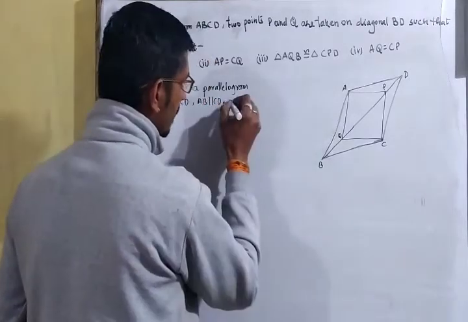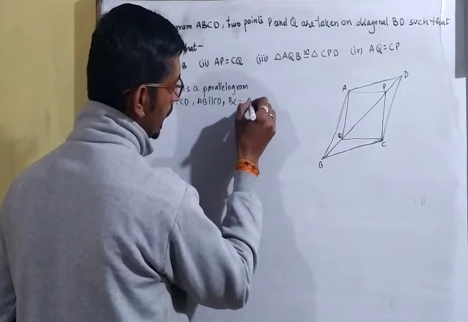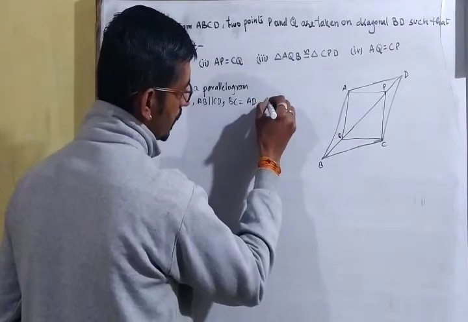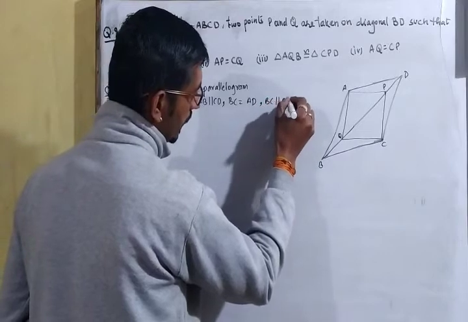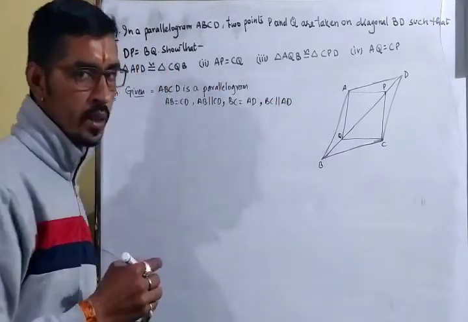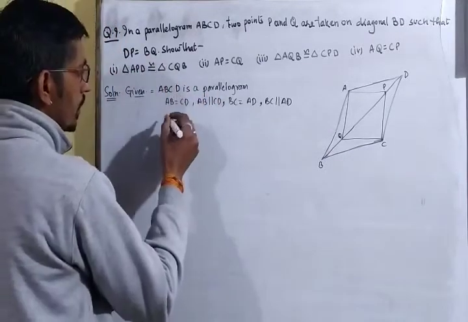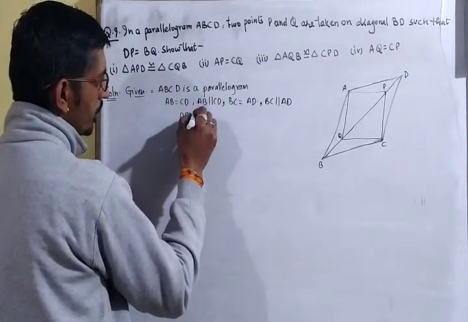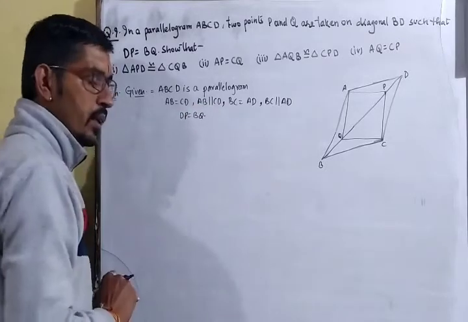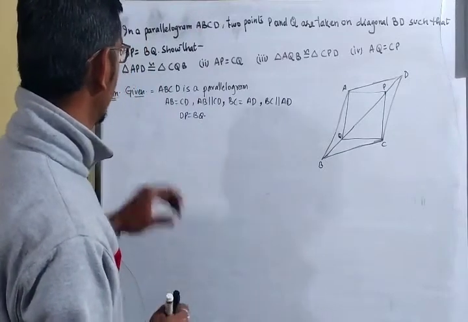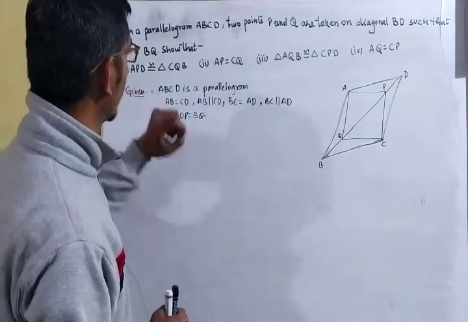Second, BC is equal to AD and BC is parallel to AD. This we can conclude from the given things. And one more thing is given: DP is equal to BQ. From this we have to prove the first part, APD is congruent to CQB.